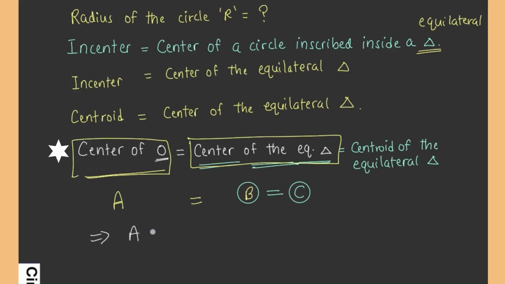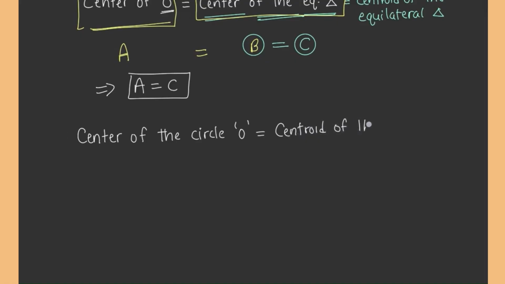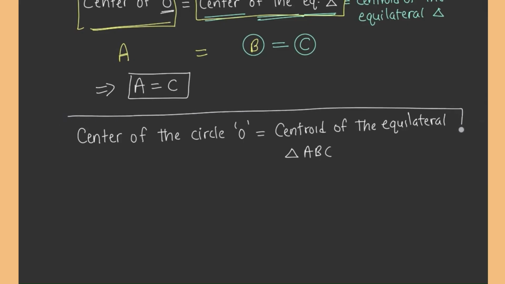That tells us that A must be equal to C. So that means the center of the circle O is equal to the centroid of the equilateral triangle ABC. All right, so this is a very important statement over here.